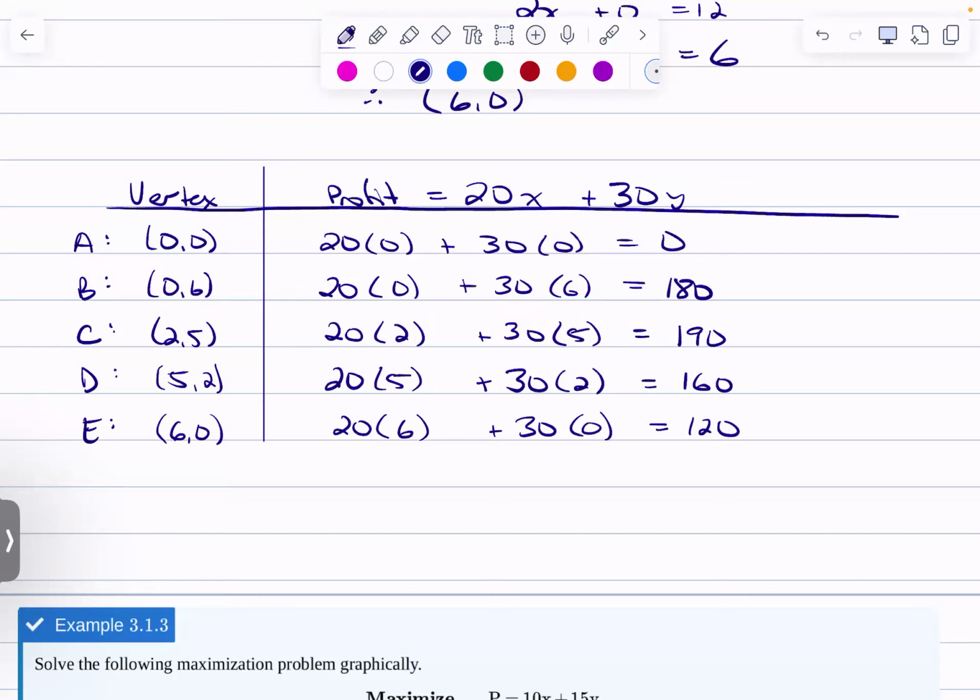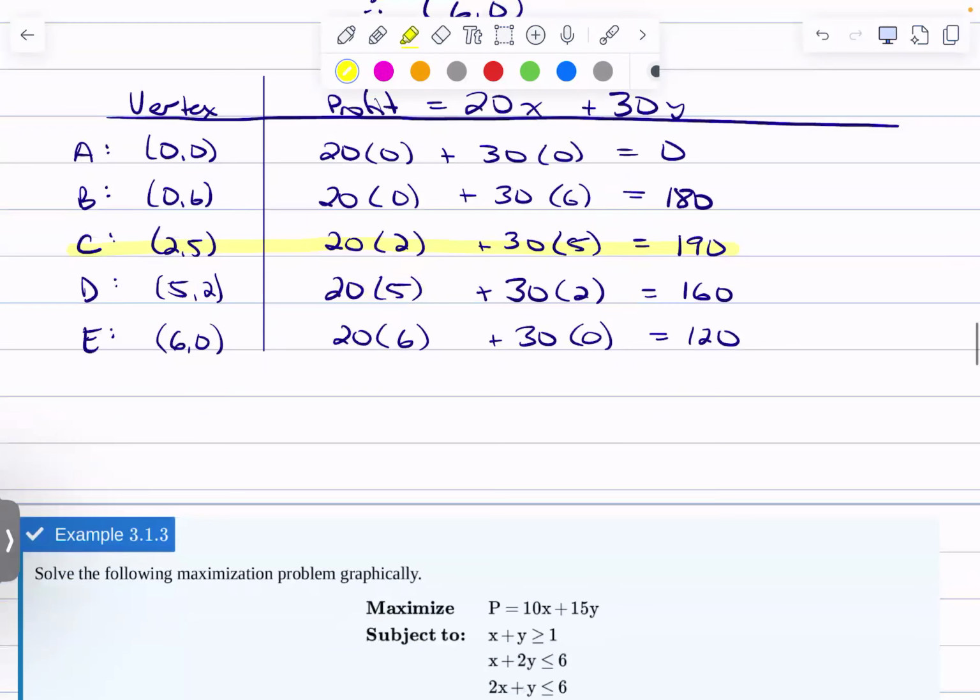So you have this list of possible profits that you could pick. Which one are you going to pick? You're going to pick C. Which means that you need to produce 2 regular gadgets and 5 premium gadgets. So here, this is your maximum.